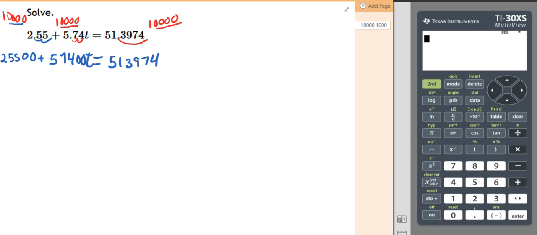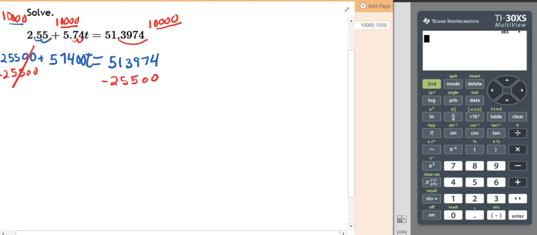We're going to isolate the variable. So go on the side with a T, and we're going to subtract this 25,500 from both sides. Okay. It's gone on the left. So we have 57400T equals. This I'm going to plug into my calculator.